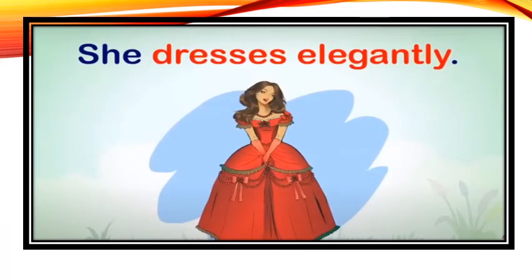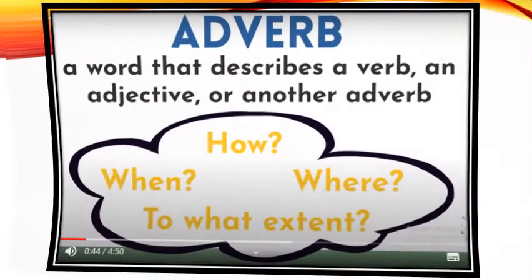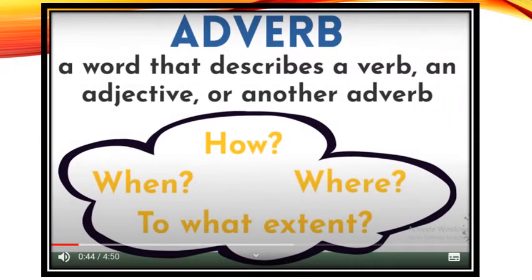Here, elegantly, an adverb, describes the verb dresses. So once again, I'll tell you, an adverb is a word that describes a verb, an adjective, or another adverb. Adverbs often help answer the questions how, when, where, to what extent.